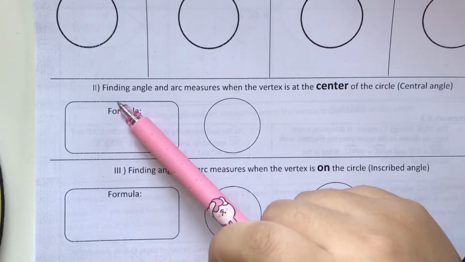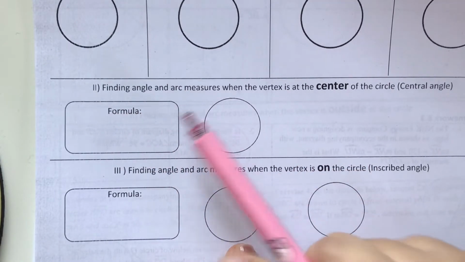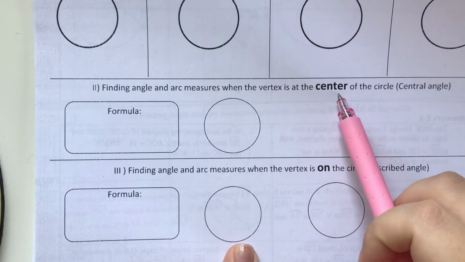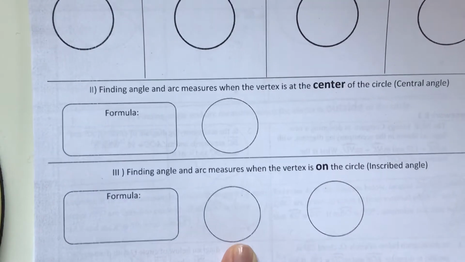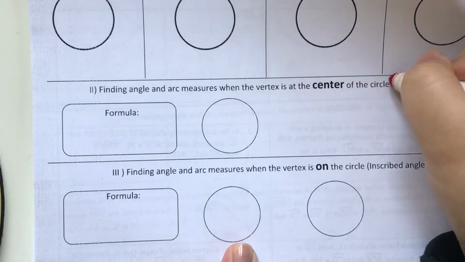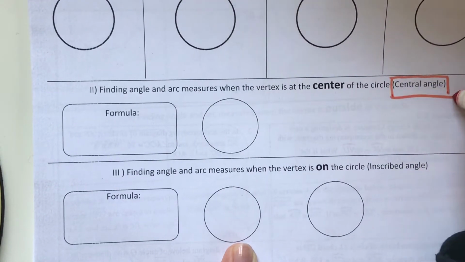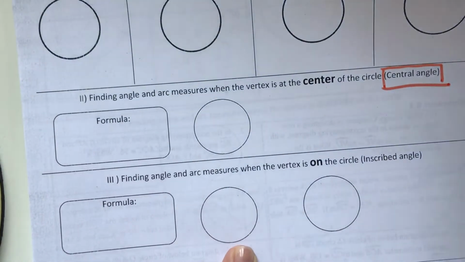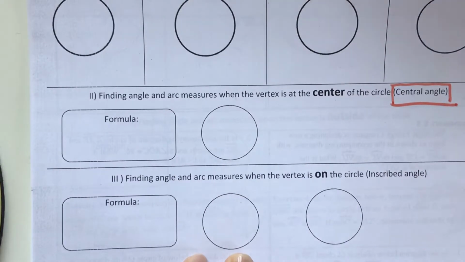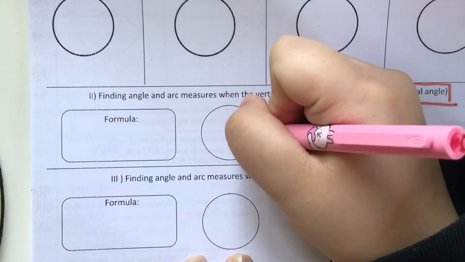Alrighty, so it says part 2 here, but it's actually part 1 on your paper. It says finding the angle and arc measure when the vertex is at the center of the circle. And today we will be only focusing on the central angle. Central angle meaning that the center of the circle is the vertex.